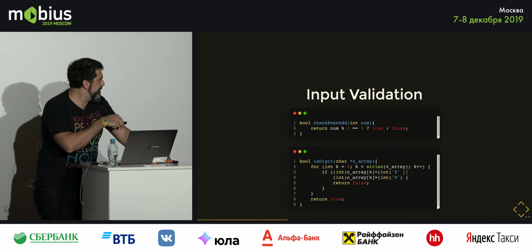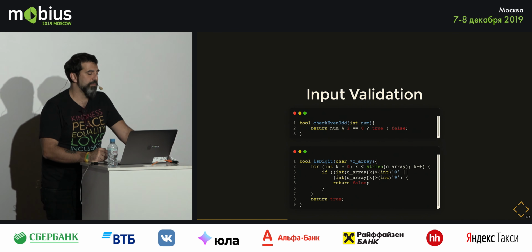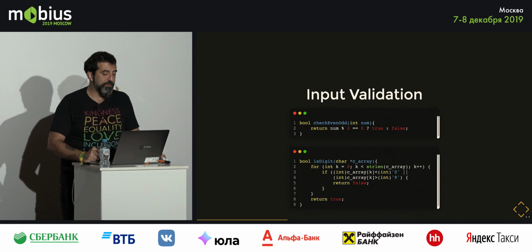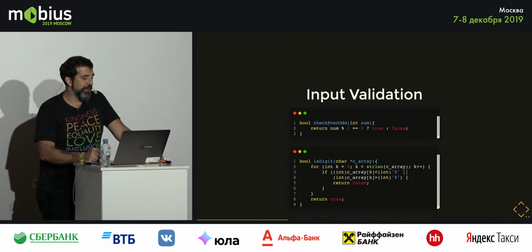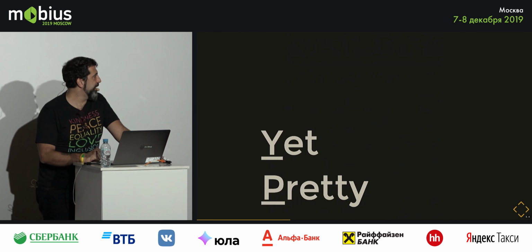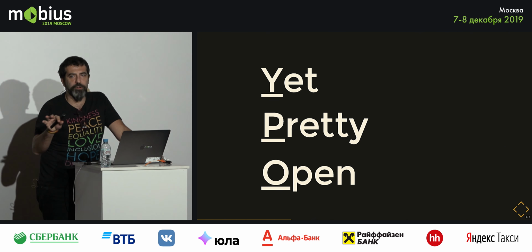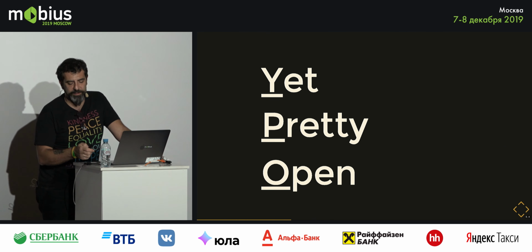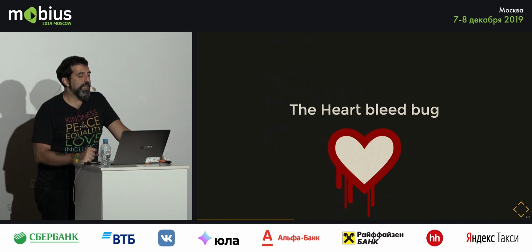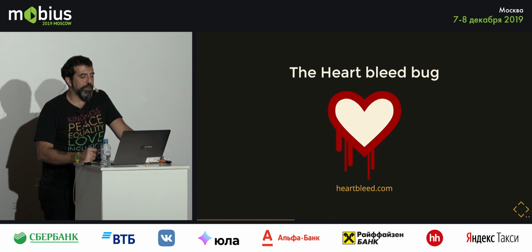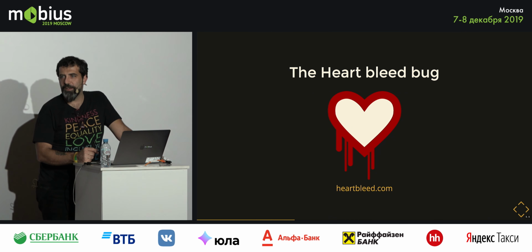The validation checks and controls if there are 0 to 9s, basically if we have numbers in whatever input it is. But that's not enough. It's still pretty open. This is a simple validation that doesn't guarantee that your code is getting executed correctly. Is anyone familiar with the Heartbleed bug? Yeah, 2.